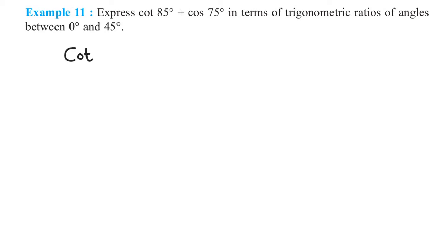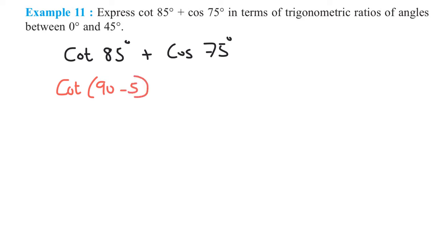Cot 85 degrees plus cosine 75 degrees. Can I write cot 85 as cot 90 minus 5, because 90 minus 5 is 85, plus can I write cosine 75 as cosine 90 minus 15, because 90 minus 15 is still 75.